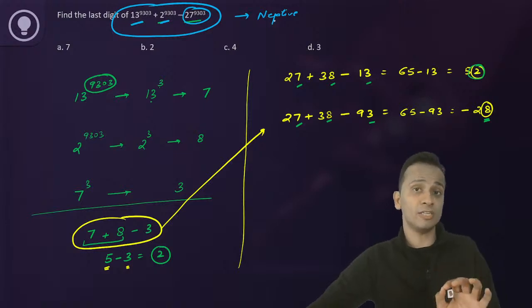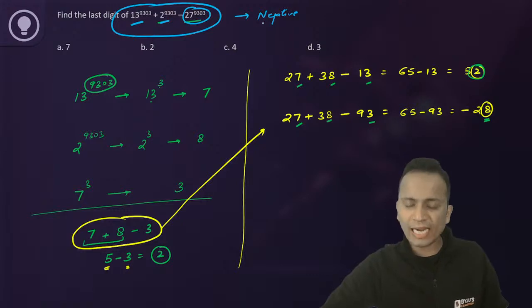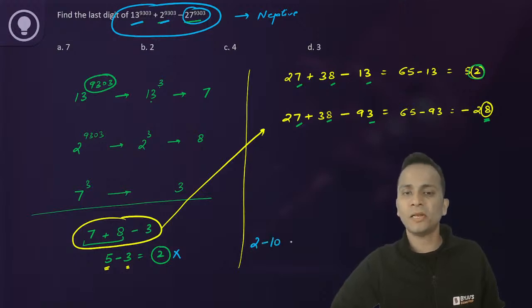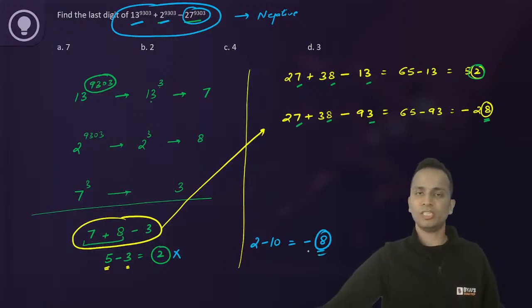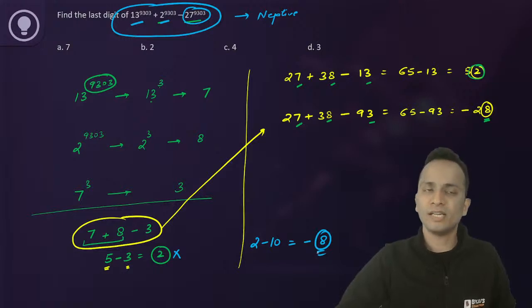The final result, the actual answer, will be negative. So for this question, the answer will not be 2, but 2 minus 10, that is minus 8, or 8 will be the unit digit. So 8 will be the unit digit of this result.